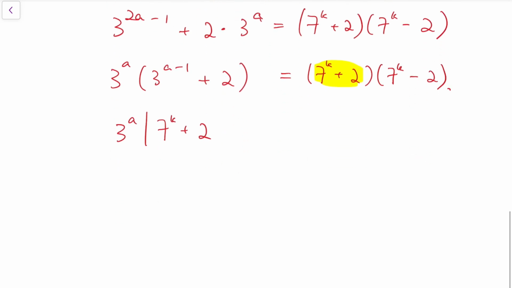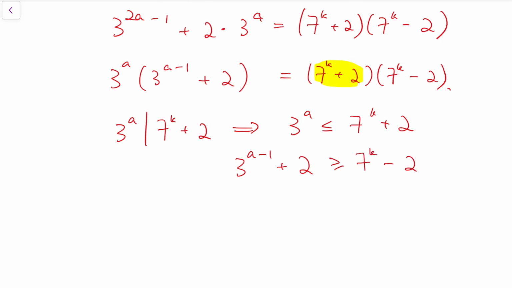Now from this, we can create an inequality, which is that 3^a must be less than or equal to 7^k + 2. And to keep the equation balanced, we should have the other way around for the other two expressions: 3^(a-1) + 2 should be larger than or equal to 7^k - 2.